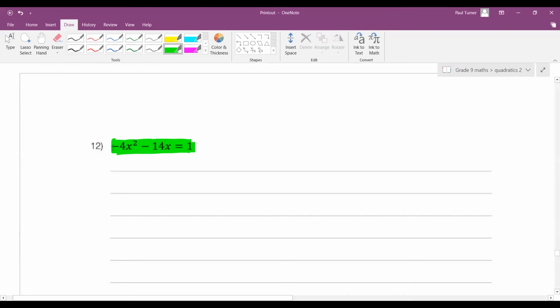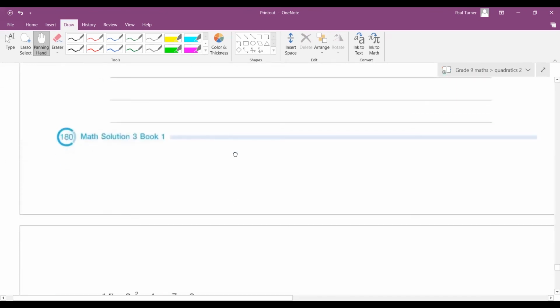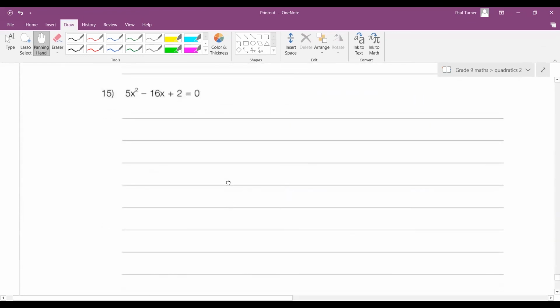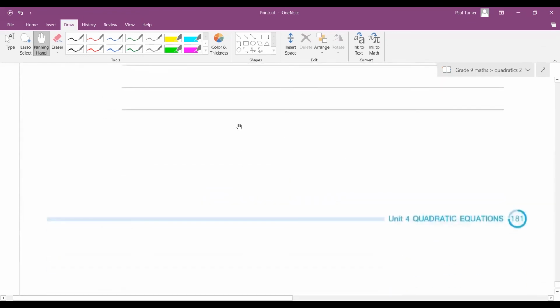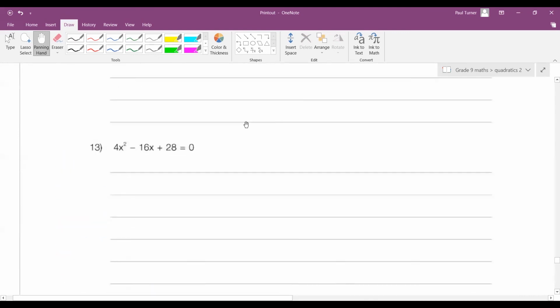So that question 12 should be like this here. I think one of the signs is wrong. So anything else? 13, these are all straightforward. 14, 15. There's some harder ones in your homework though than the book. But we'll talk about that tomorrow, we'll see.